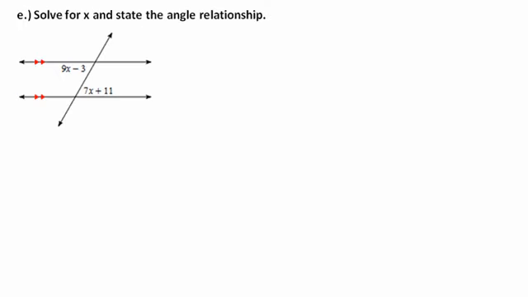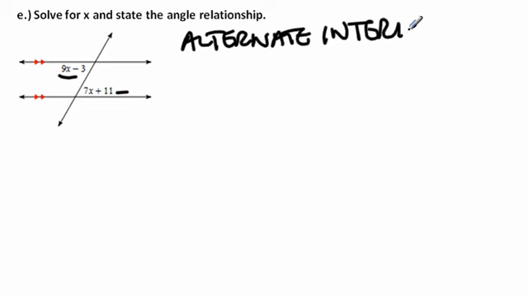All right, so now in this problem, we have two parallel lines and a transversal. And so these are my angles. They're on alternate sides inside. So these are alternate interior angles.